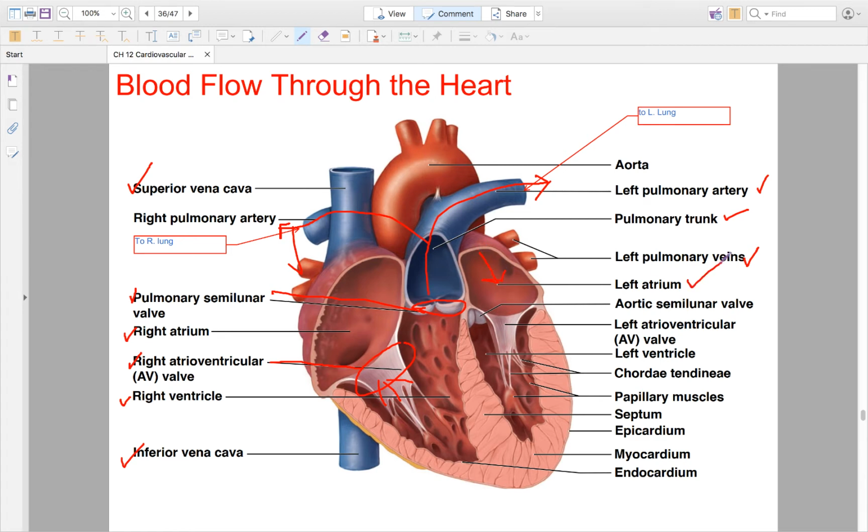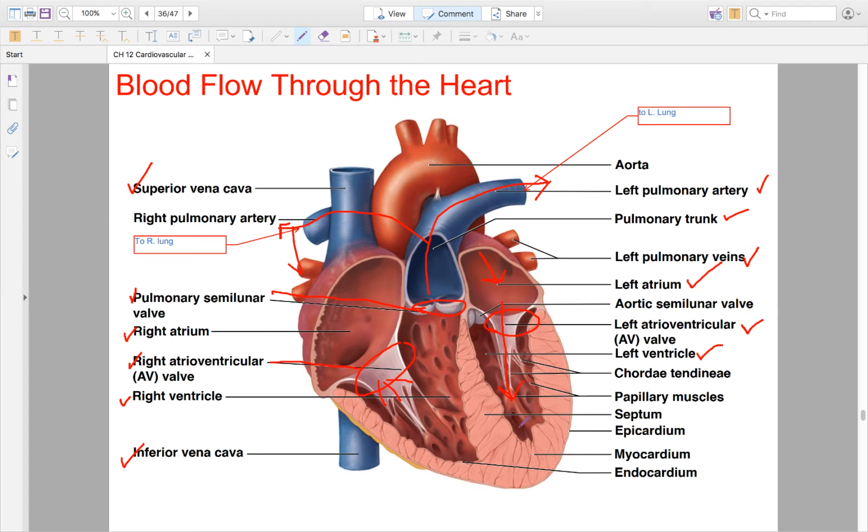Okay, and then blood will move to the left ventricle. But of course it has to cross the left AV valve, also called the mitral valve.